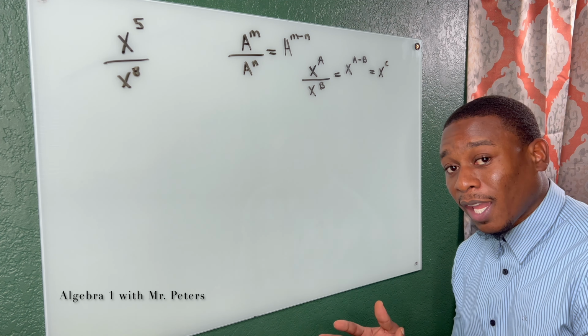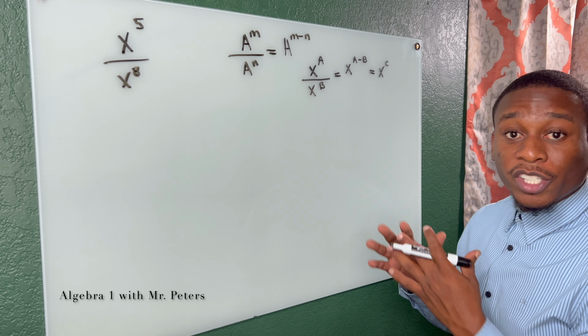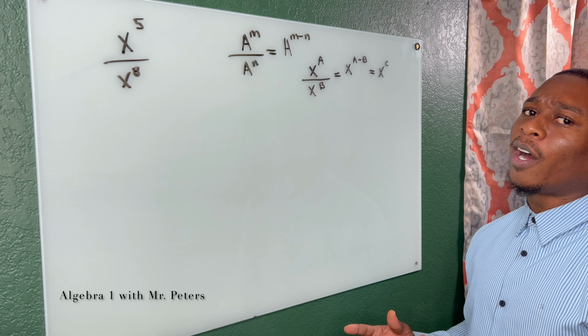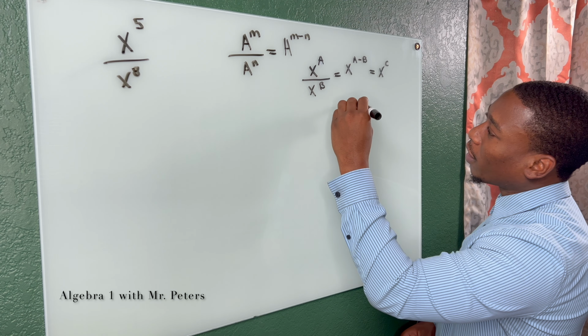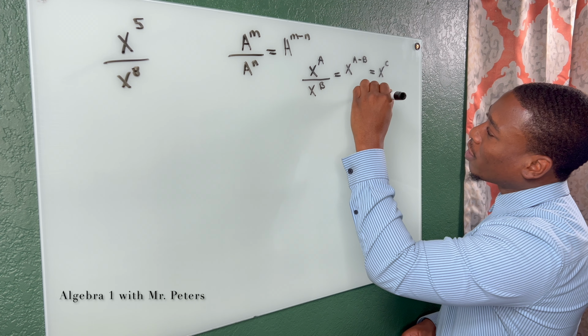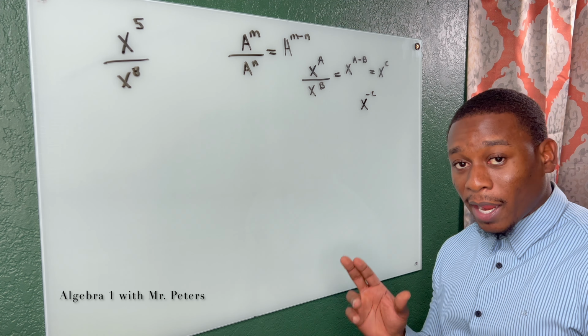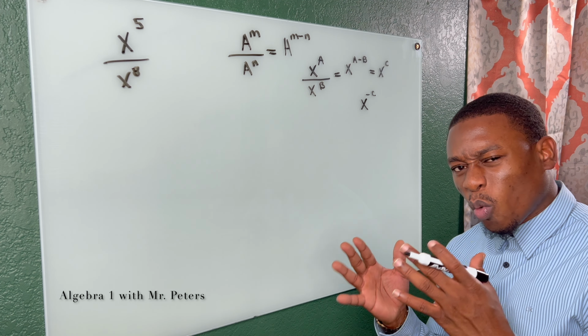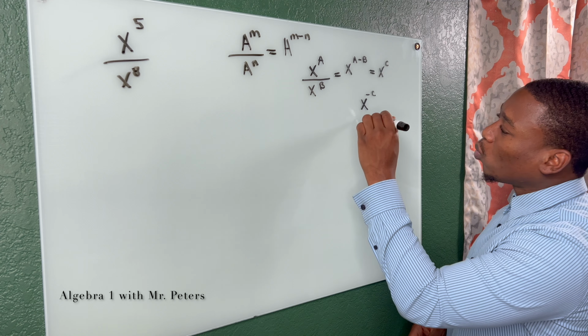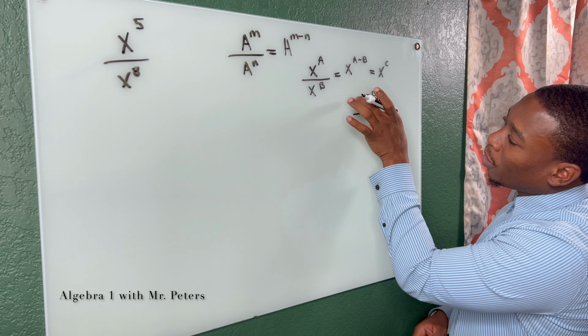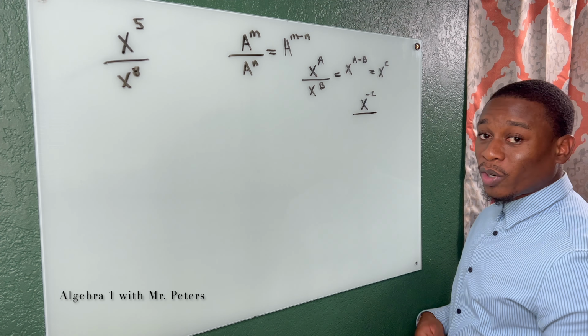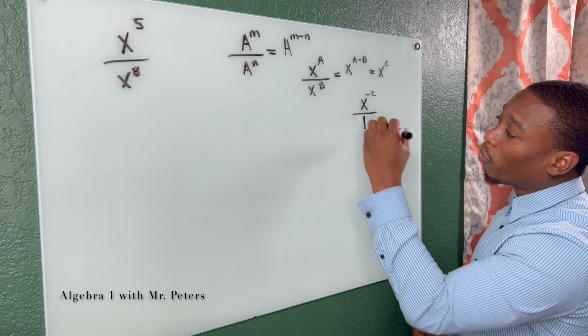Now, I made up the c, guys, that's just the answer. But let's say now that when we subtracted, we got x to the negative c. We know that we cannot have a negative exponent. So the way that we take care of this is we turn this base and exponent into a fraction by putting it over 1.